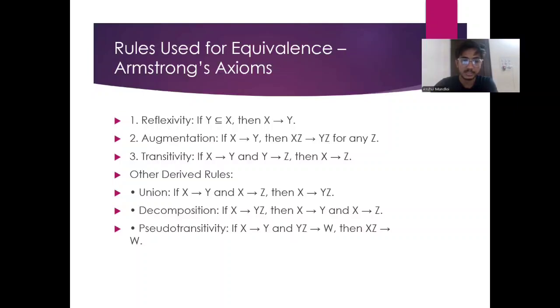Similarly, in decomposition, if x tends to yz, then x must agree on y and x must agree on z. And lastly, pseudo-transitivity. Here, if x tends to y and yz tends to w, then xz must agree on w, because w is determined by yz and y is determined by x. So xz tends towards w.